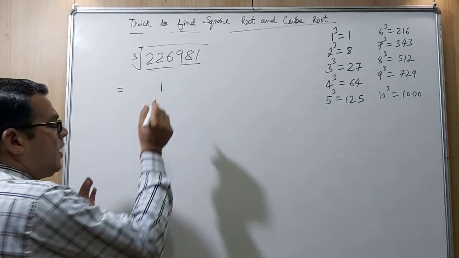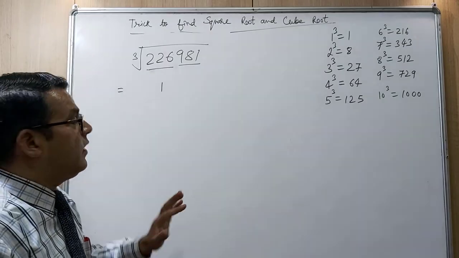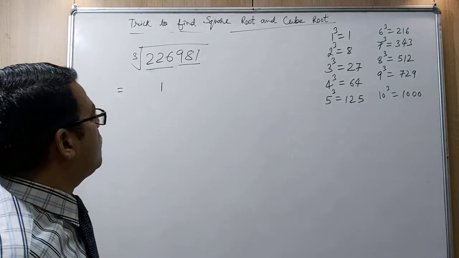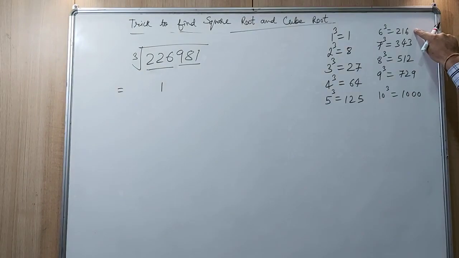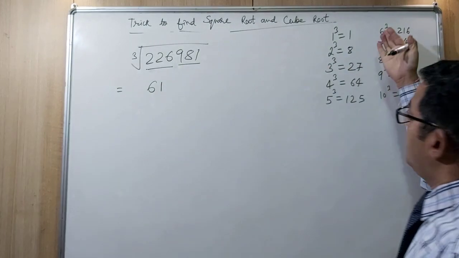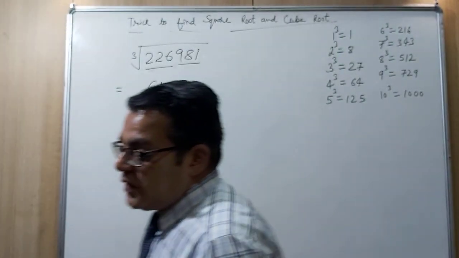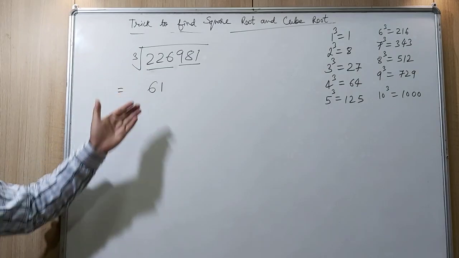So we are 100% sure the answer's unit digit is 1. Now 226 will lie between the cube of 6 and the cube of 7. So we take 6 here, the lesser value. So 61. The cube root of this one is 61.